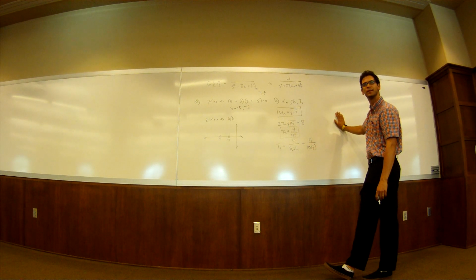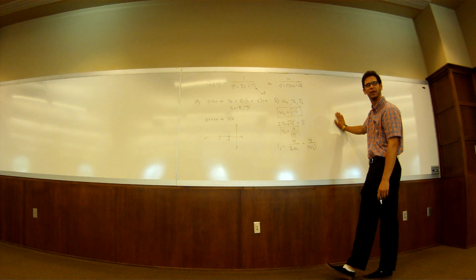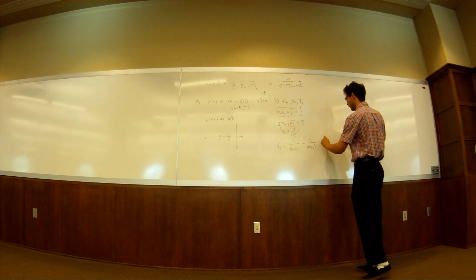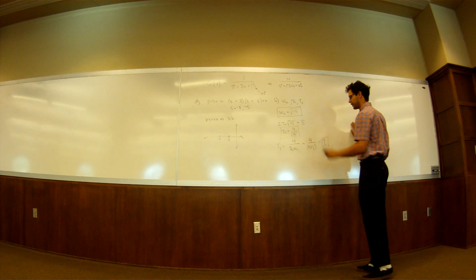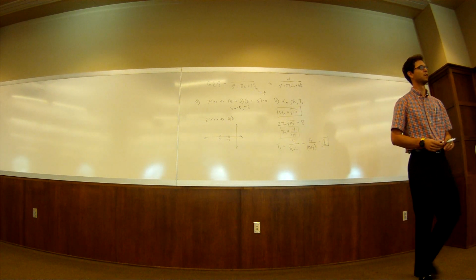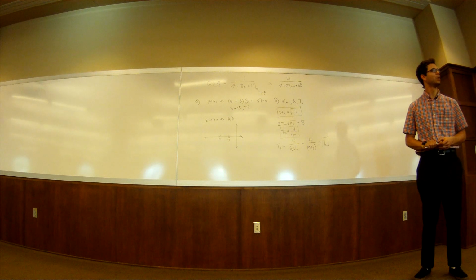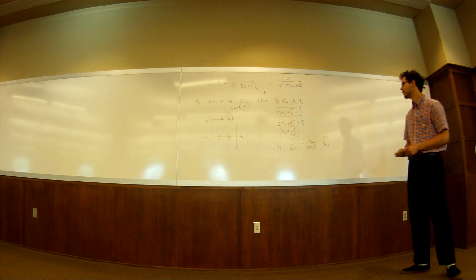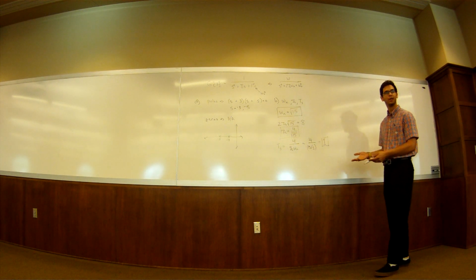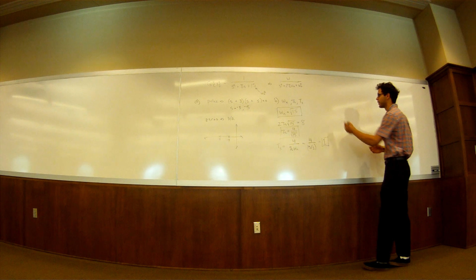Somebody verify. That's right. So then I get just 1, a settling time of 1 in this case. Cool? Yes. Okay, is that it for part B? Yeah. Okay, part C.